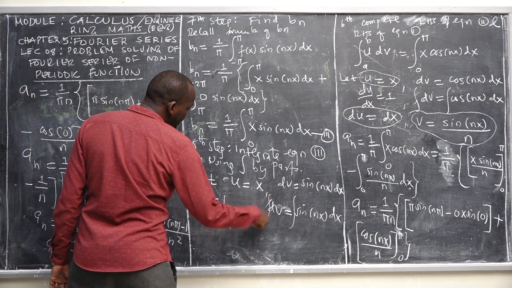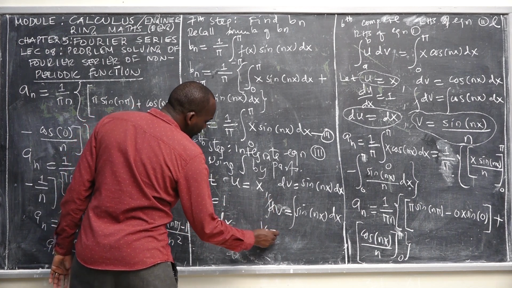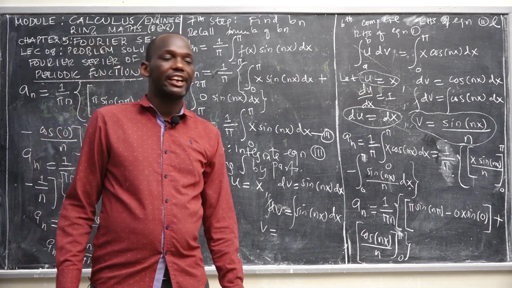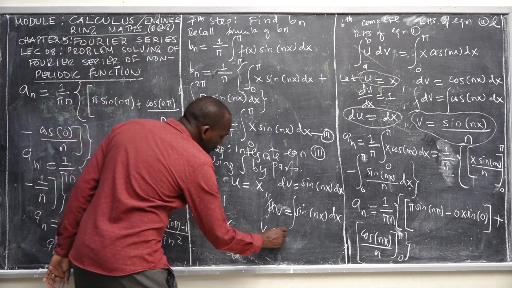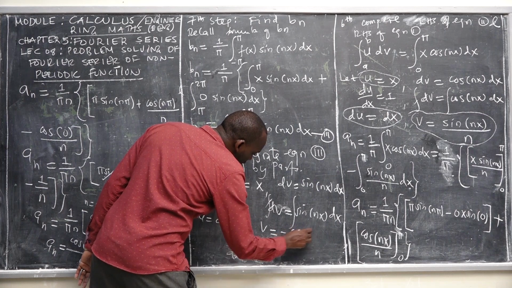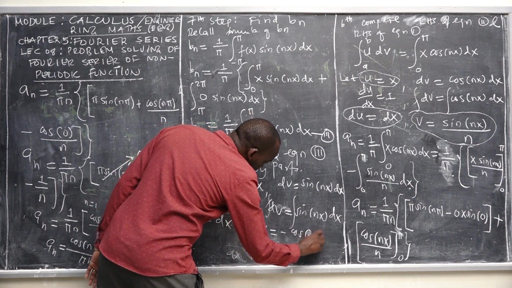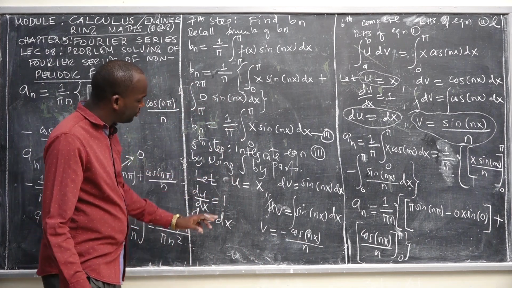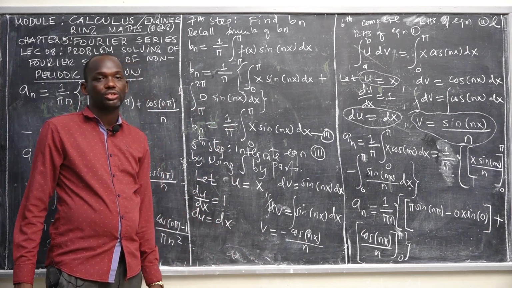V is equal to the integral of sine nx dx, which gives negative cosine of nx over n. This is important information.